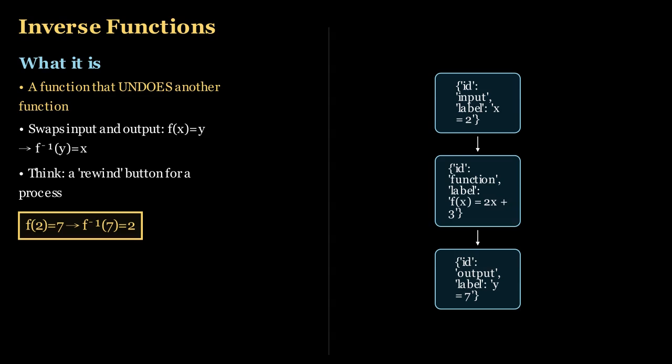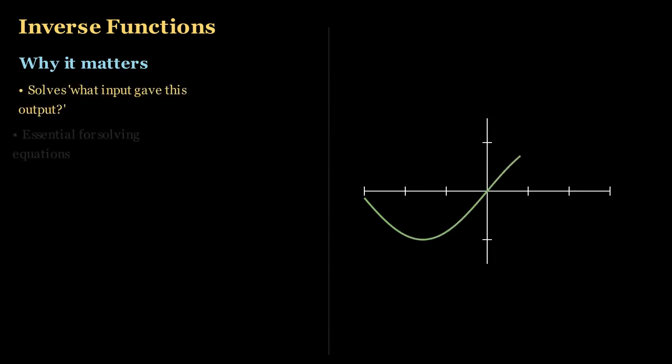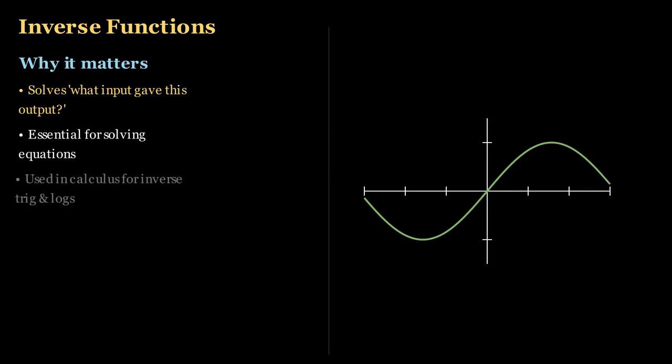Why do we need this rewind button? Because in real life, we often know the result but need to find the starting cause. For example, if you know your final exam score after a curve was applied, you might want to know your raw score. In calculus, many powerful functions like exponentials, logarithms, and trigonometric functions come in pairs that undo each other.